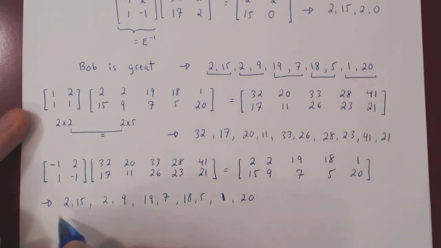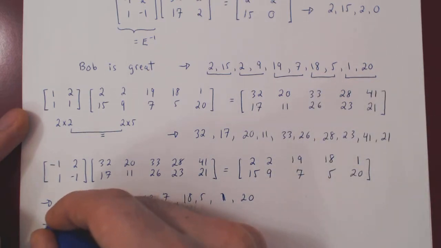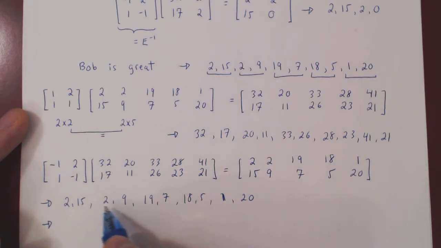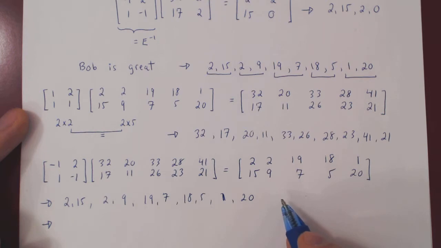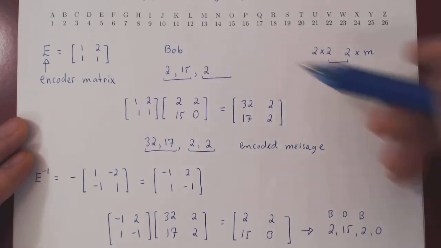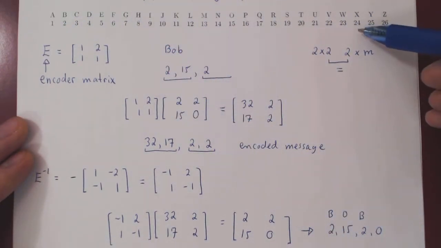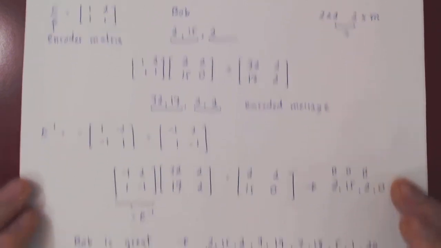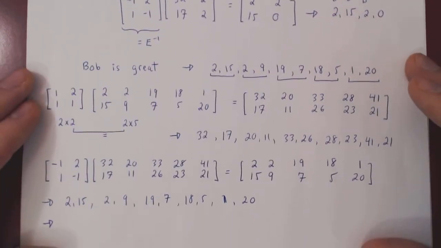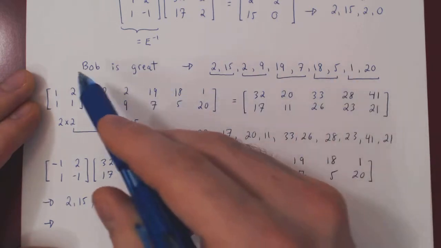And of course, we would then go back to transforming our numerical message, as it is now decrypted, into our letter message. So we'd simply go back to our translation from the alphabet to the numbers, back from the numbers to the alphabet, and of course we'd get the message, Bob is great.